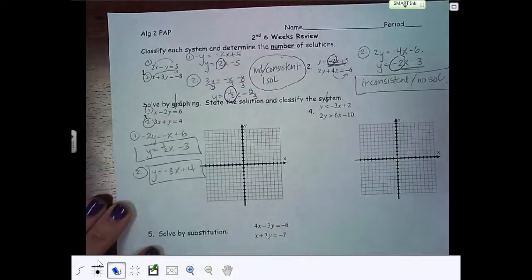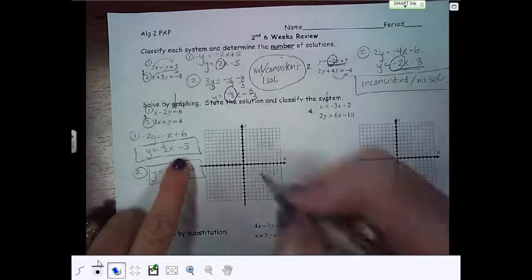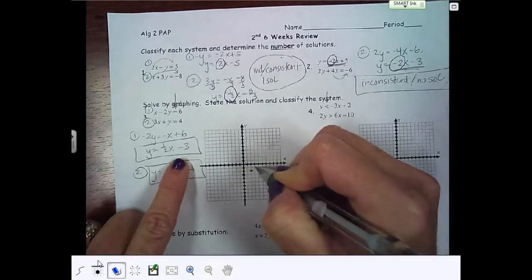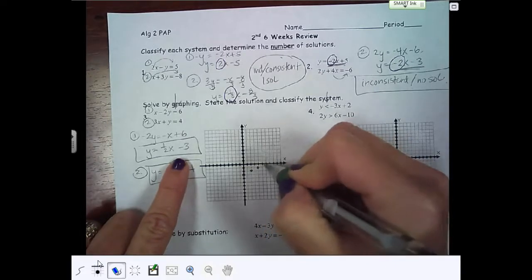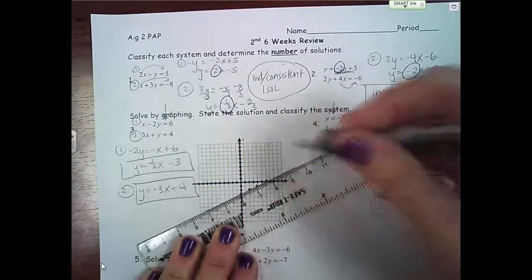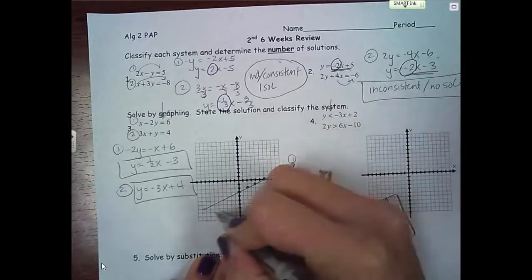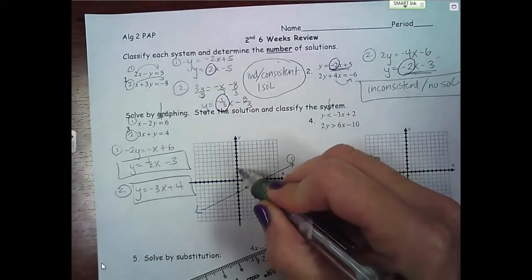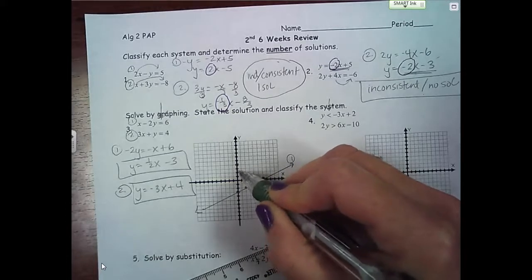If we graph both lines, line 1 is going to start at negative 3 and have a slope of 1/2. So here's your line. Label it line 1. Then for line 2, it starts at 4 and has a slope of negative 3.